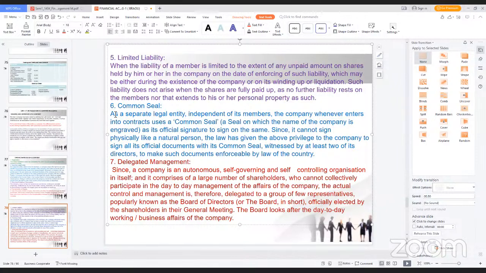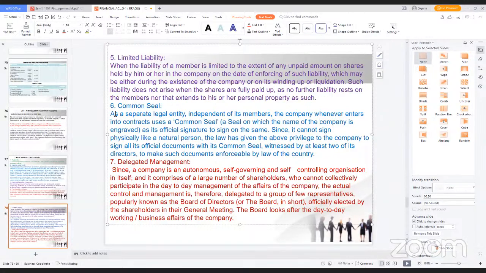Suppose I am a member, and I have given my signature in the bank, my signature will be there. Suppose they say, no, you do not exist as a member. But the common seal, my signature, is given commonly for the whole. Without my signature, the bank will not approve any cheque or anything.